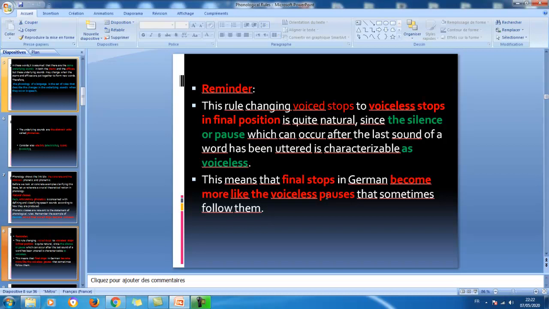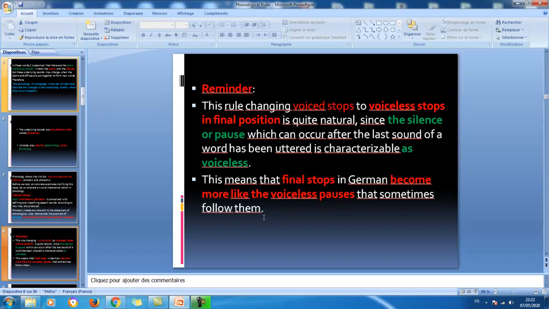This means that final stops in German become more like the voiceless pauses that sometimes follow them. So it's something which is natural. We put the voiceless sound just before the period of voicelessness.